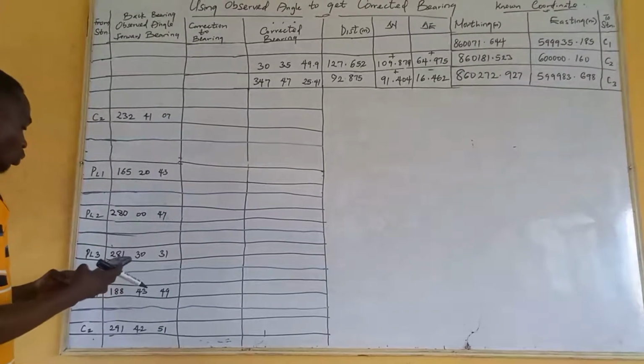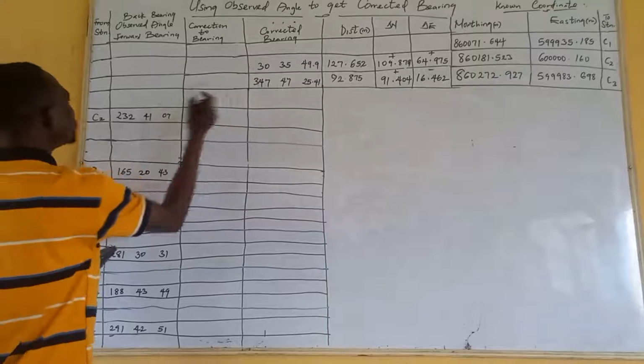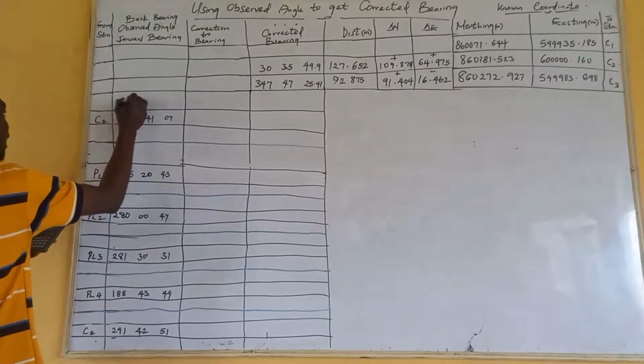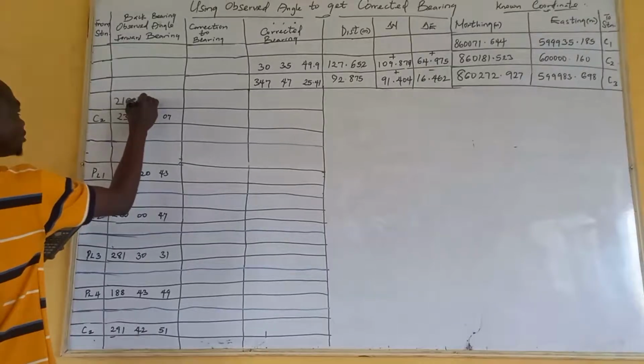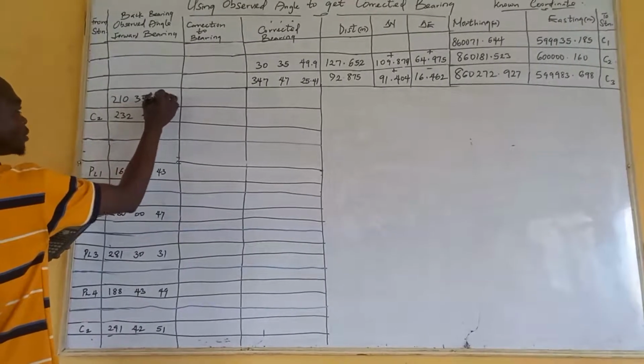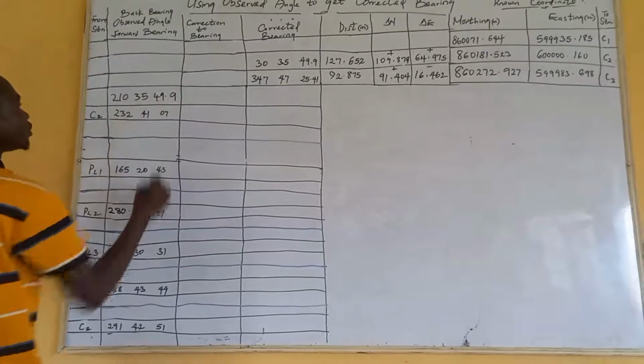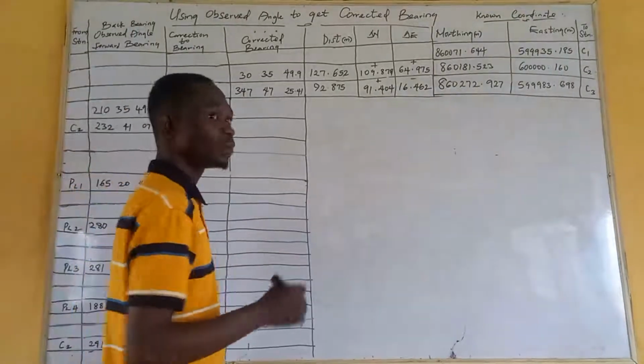So when adding 180 to it, I'm going to obtain 210 degrees 35 minutes 49.9 seconds.